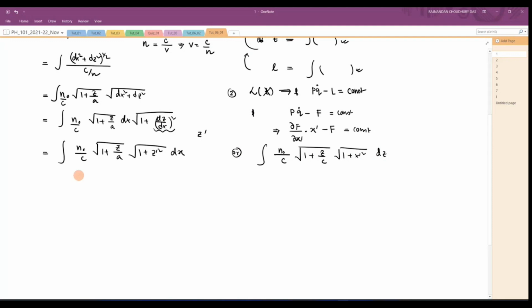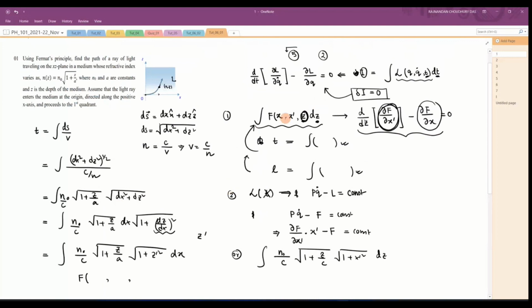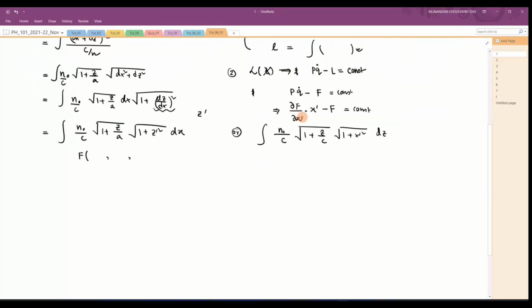So now you look at this functional. We want to write this functional in this kind of form. First, in place of t we have x, and the other two variables are z and z prime. Now this function is not having explicit x dependency.